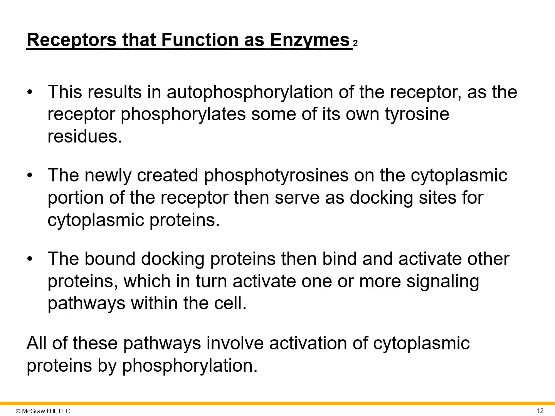Sometimes receptors can function as enzymes. And one of the things that's going to happen in this kind of process is phosphorylation. Now let's think about what that term would mean.